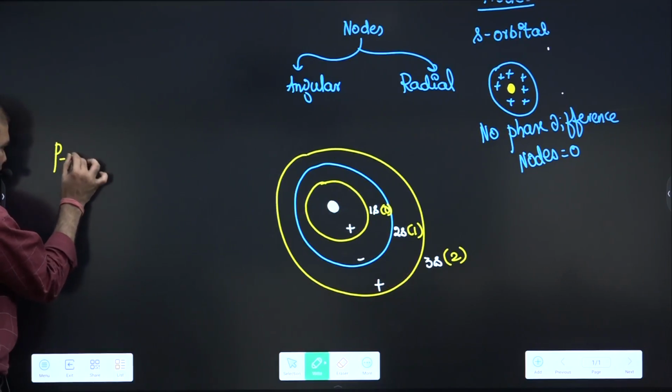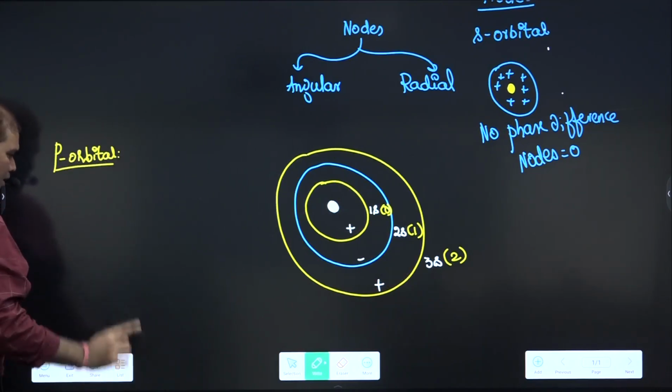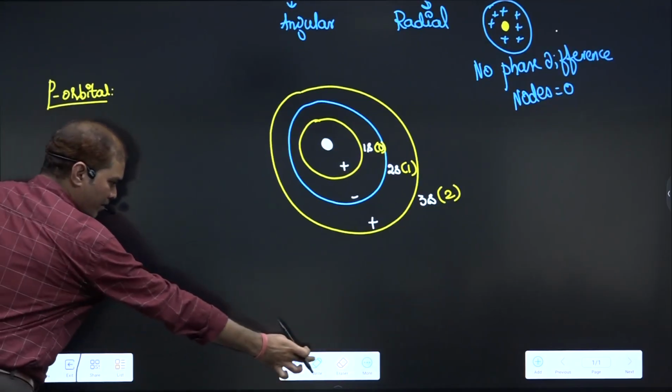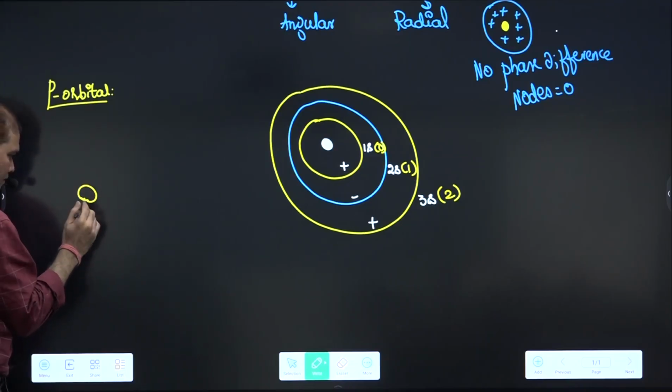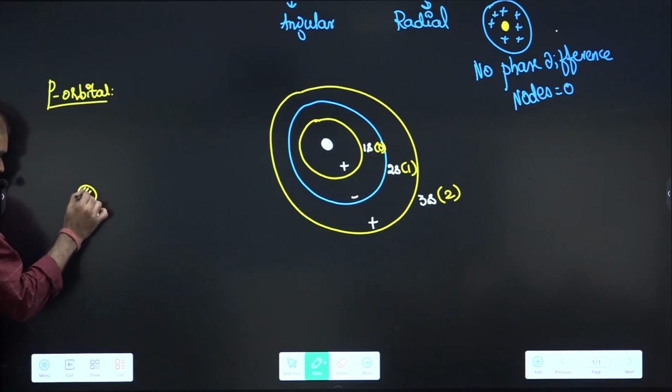I am only considering one p orbital, okay? Say this is a 2p orbital.